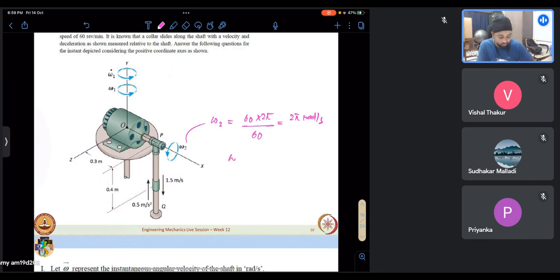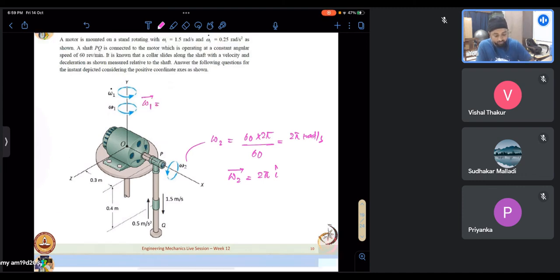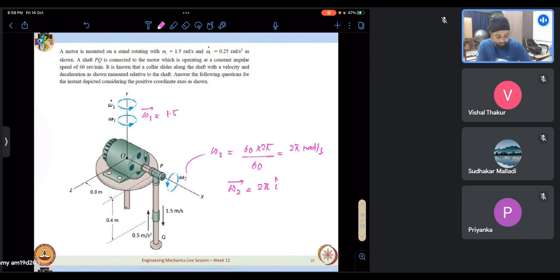So omega 2 is essentially 2 pi I cap. Omega 1 vector is nothing but 1.5 J cap. This is given to be operating at a constant speed, so omega 2 does not have a magnitudinal change.